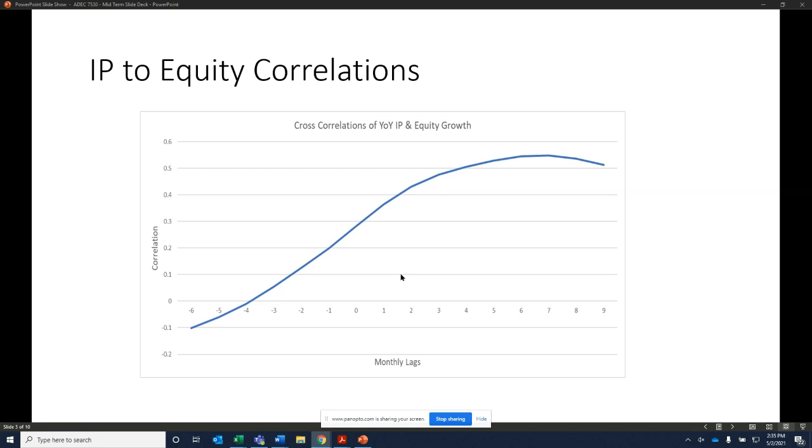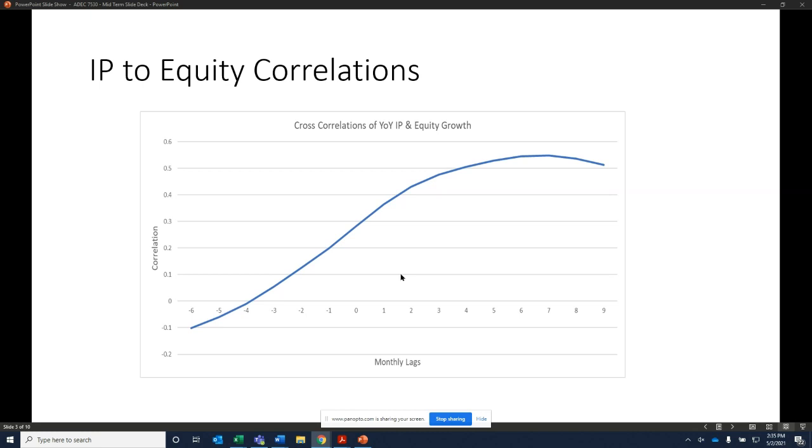The correlation rises up to about 0.56, 0.57 at about a 6 to 7 month lag. So essentially, U.S. equities tend to lead industrial production by about 6 to 7 months based on this simple correlation. Again, it's not perfect. The correlations are never going to be super tight because there's so much noise within this, but this is what I'm looking at here.